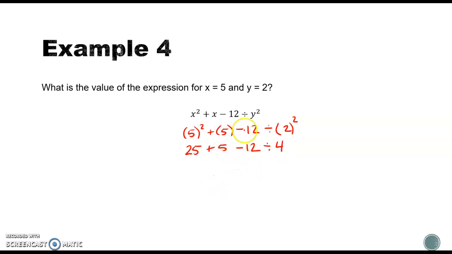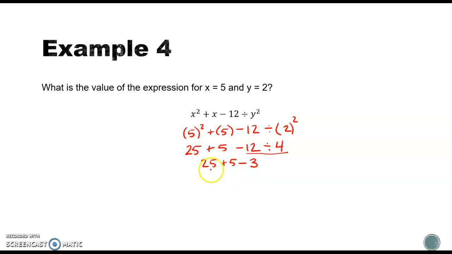Now our next step in order of operations is multiplication and division from left to right. From left to right, I've got addition, subtraction, and then division, so this division is my next step. 12 divided by 4 gives us 3, so we get 25 plus 5 minus 3.